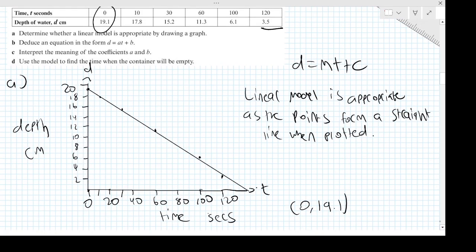So the coordinate is 0, 19.1, because remember t comes first on the t-axis. That's when t is 0, then d would be 19.1. Then the other point, let's say take this one, that's when t is 10, and d would be 17.8. So we've got 2 points then, okay?